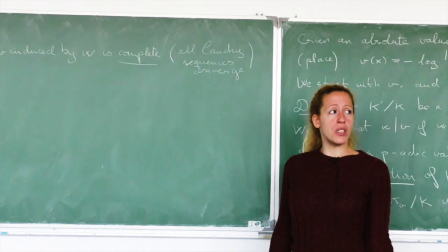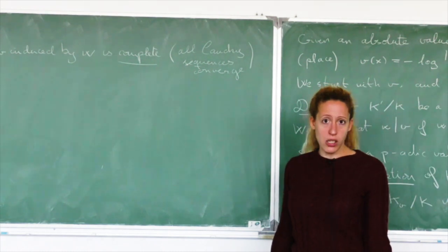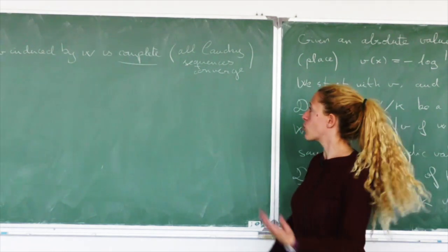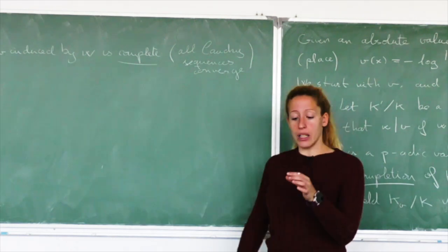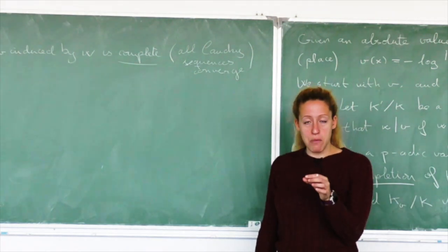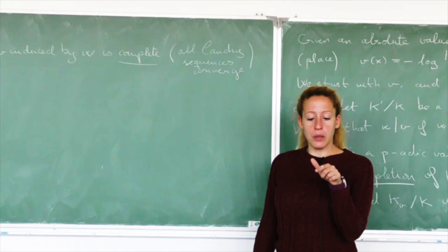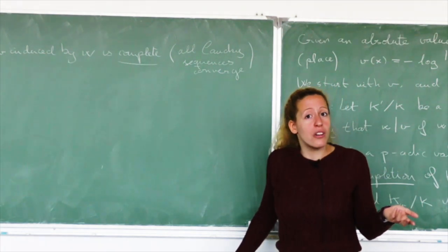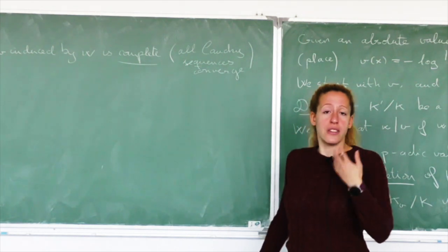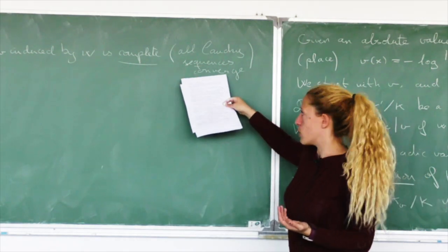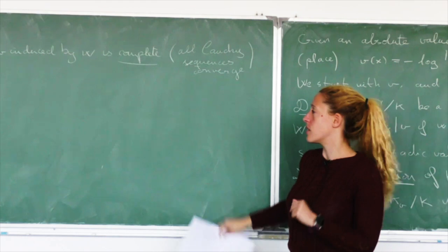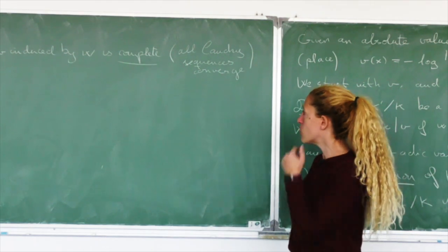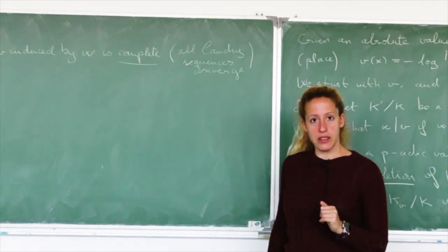An example: you can take the rationals. The rationals are not complete, because you can get a sequence of rational numbers getting close, whose limit is the square root of 2, and the square root of 2 is not a rational number. So this is a Cauchy sequence that doesn't converge, and the rationals are not a complete metric space.